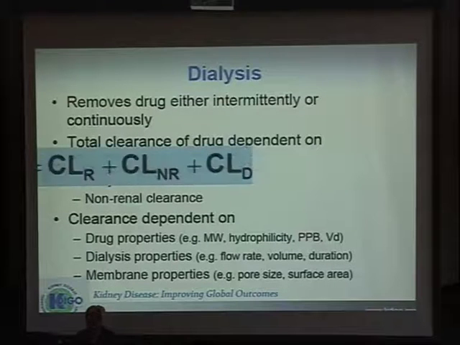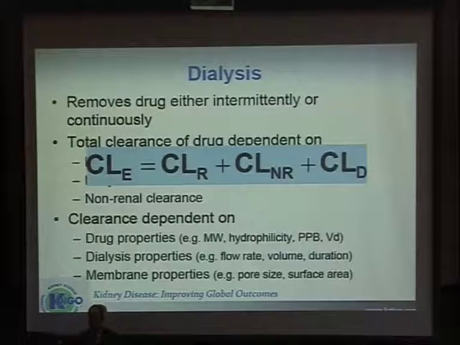So the total clearance of the drug will be the combination of the residual kidney function, non-renal function, and the dialysis. And what we are going to concentrate on today is going to be the dialysis.